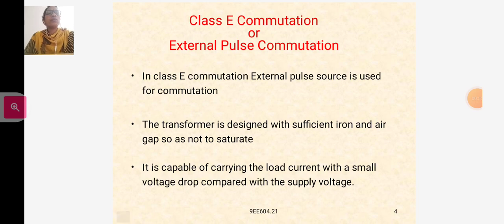First, we are going to discuss class C commutation. What is class C commutation here? In this commutation technique, a reverse voltage is applied to the conducting thyristor from an external pulse generator. So, it is called external pulse commutation.